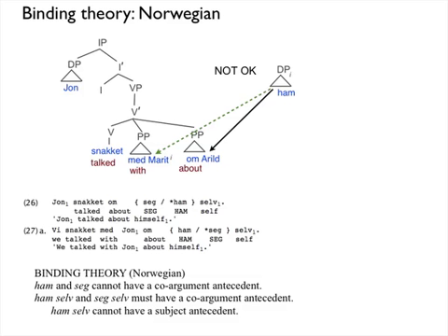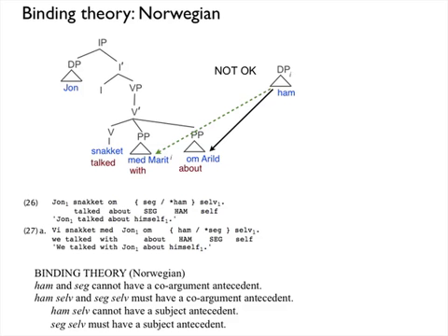Because we know that these kinds of phenomena, anaphora, are often sensitive to presence or absence of a subject. And it's important in English as well, right? But in Norwegian, it's way more important. So Seg-self must have a subject antecedent. Ham-self cannot have a subject antecedent.